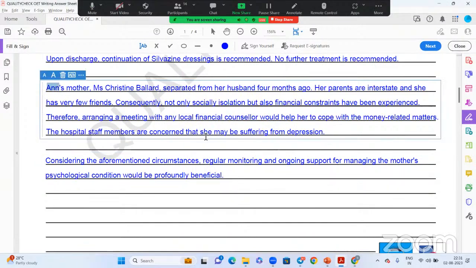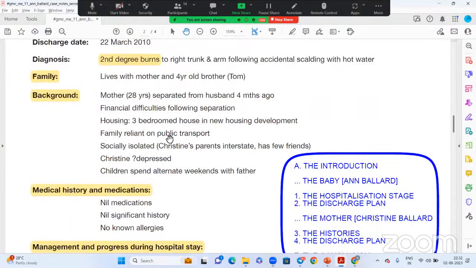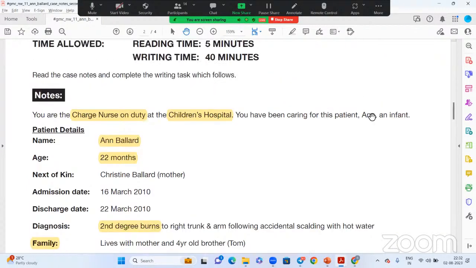Anne, A-N-N, Anne, Anna, Annie, all are girls' names. Anne is the name of a girl.